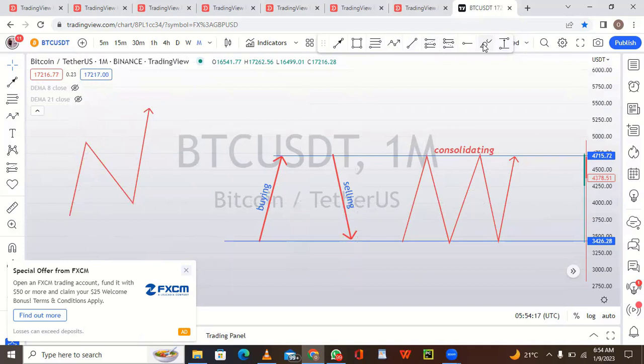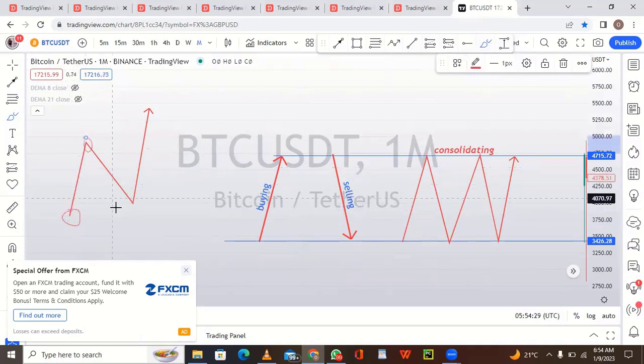This particular region is the low point. The market starts from a point of a low, creates a high, creates a low that is higher than the previous low, and then finally creates a high that is higher than the previous high.